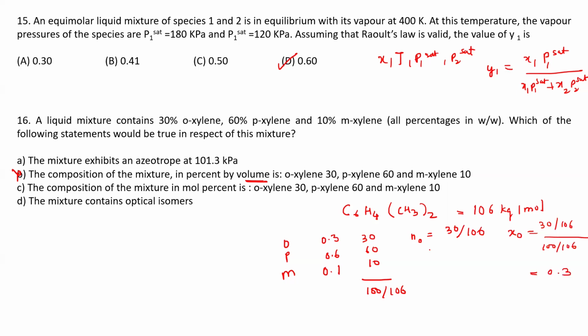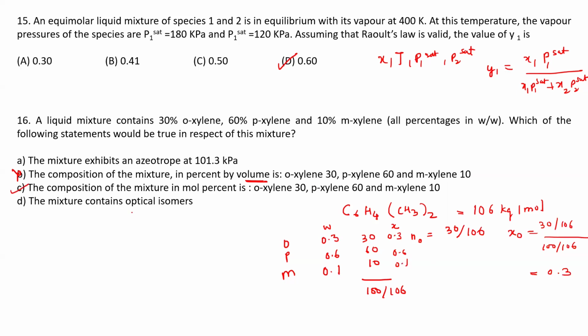Similarly for the other components: 0.3 is the weight fraction and this is the mole fraction, then 0.6 and 0.1. The composition of the mixture in mole percent is 30, 60 and 10%.